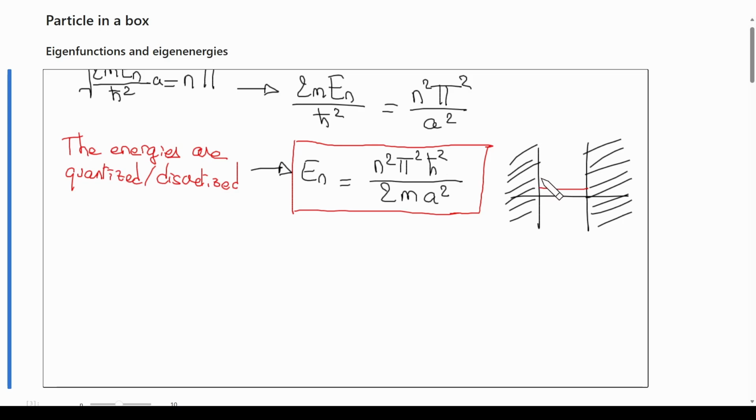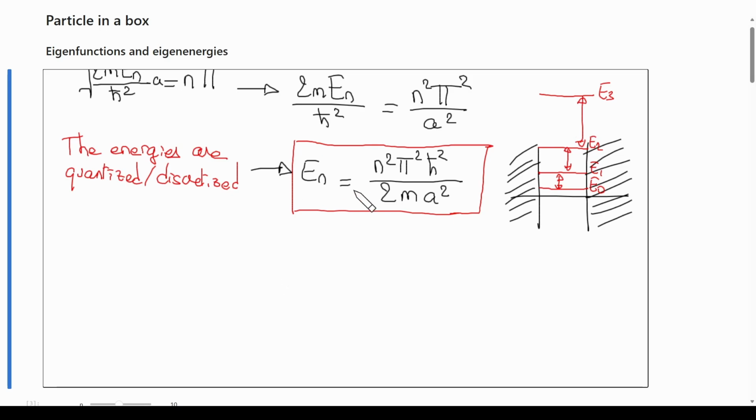So the first level will be here, the second level will be here, and the energies become greater and greater, right? The separation between the levels, so if this is E0, this is E1, this is E2, this is E3, the separation becomes greater and greater in terms of energies.